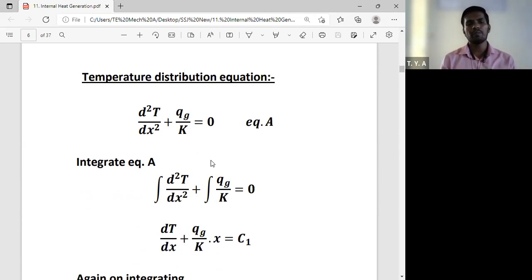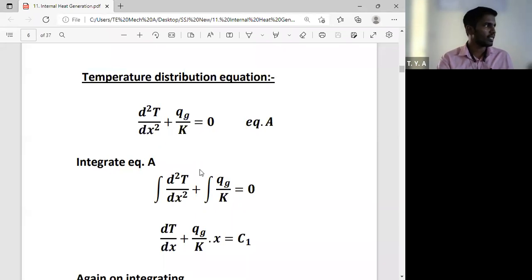So now our aim is to calculate the value of t. So can anyone tell me how to calculate the value of t by using this equation? काय करावं लागेल? We have to take the integration. Okay, so whatever the equation is there, d square t upon dx square plus qg by k is equal to 0, we have to take the integration of this equation. By taking the integration, what will happen?